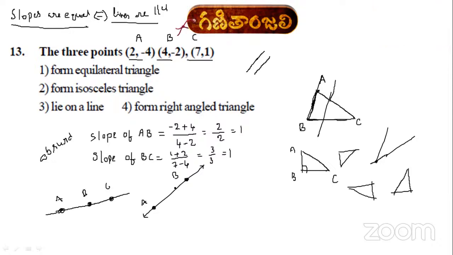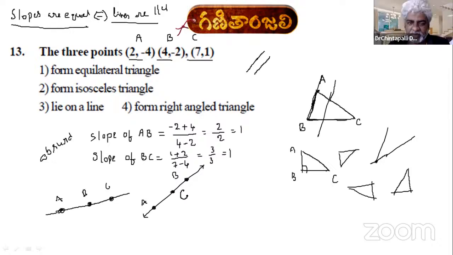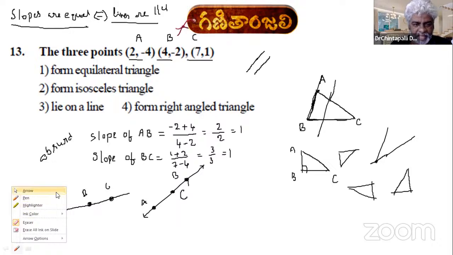If there is a point C lying on the same line, do you know, in the course of deriving a formula, we used one concept, that is theta, the angle made by that line with the x-axis.